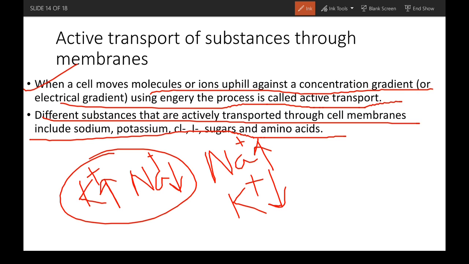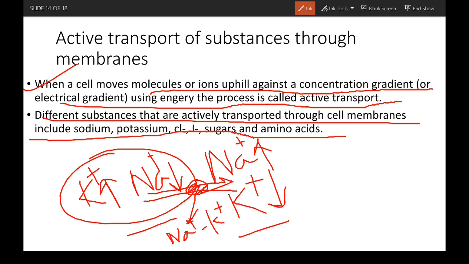And this type of intracellular and extracellular condition is maintained, right? To maintain these conditions, active transport is required, which is done by the sodium potassium pump. This sodium potassium pump actively transports sodium outside the cell and potassium into the cell to maintain this condition.